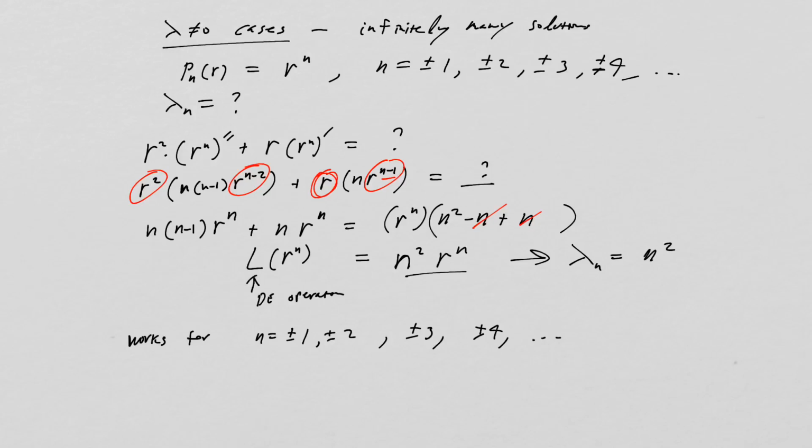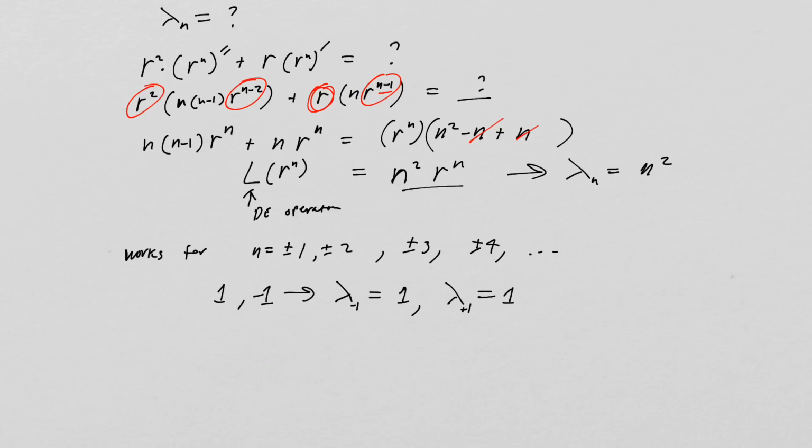And note that for positive 1 and negative 1, the eigenvalue for both of those is the same, right? It's just going to be that n value squared. So all the negative n values have a positive eigenvalue coming out of it because you're squaring those negative numbers. Same thing with 2. So if I have 2 and then negative 2, that means I'm going to have lambda of negative 2 equal to negative 2 quantity squared, which is equal to positive 4.